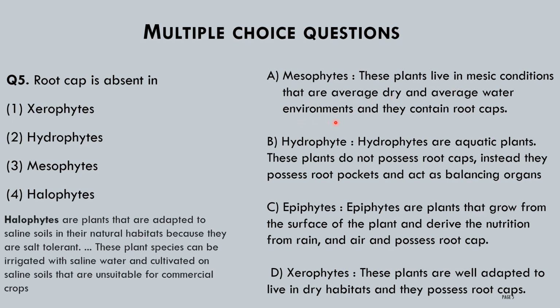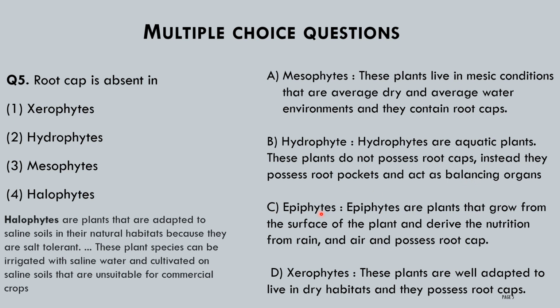They contain root caps. Next one, hydrophytes. Hydrophytes are aquatic plants. These plants do not possess root caps. Instead of root caps, they possess root pockets, which act as balancing organs.